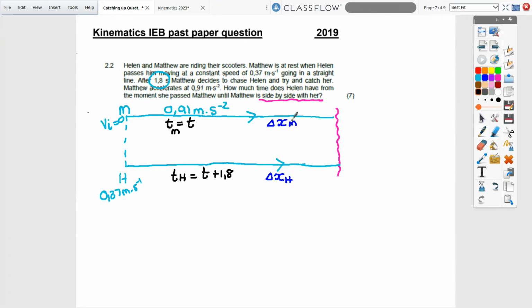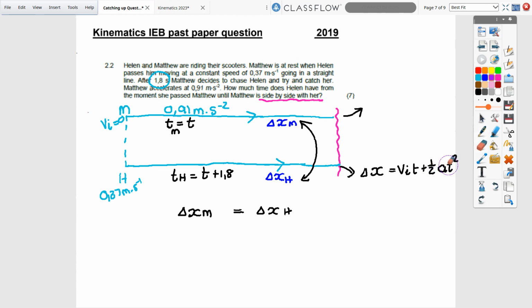Now I'm going to say, fine, I know their distances must be equal by the time they catch up with each other. So I can say that delta x for Matthew must be equal to delta x for Helen. So let's think of an equation, and I think by now you know that if there's a 0 acceleration, definitely, then the equation s is ut plus half at squared, which would mean delta x equals vit plus half at squared, becomes very simple, because this last part, because a is 0, just falls away straight away.